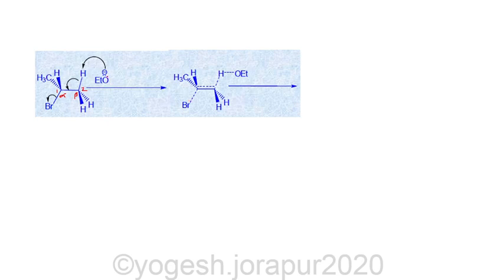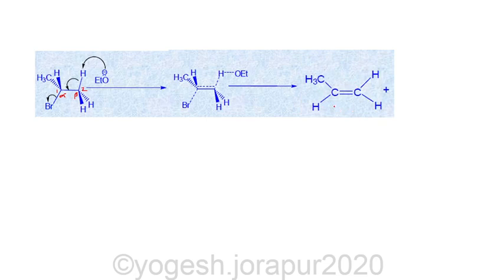Concerted means the abstraction of the proton and the departure of the leaving group occur simultaneously, and that's the reason there is no intermediate. In the transition state there is a partial double bond and a partial single bond between the carbon-hydrogen and carbon-halogen. So let's see the product, and this is the product, that is our alkene.